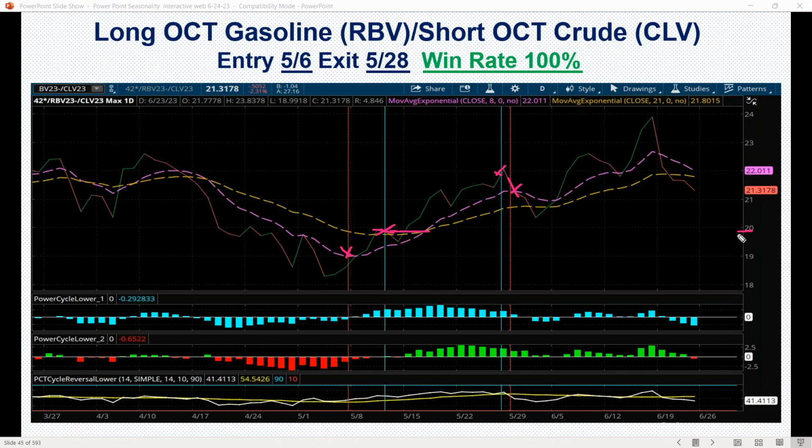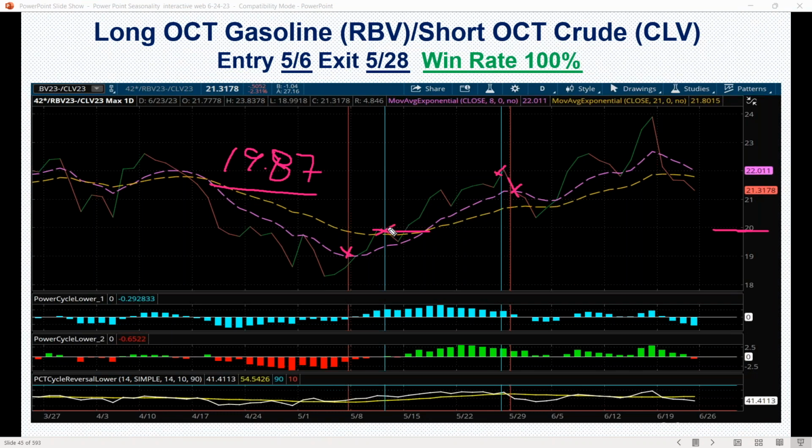We would have bought gasoline when the spread was $19.87. That's the spread between RBOB gasoline and crude oil. So RBOB gasoline would be trading at $19.87 above one contract of crude oil. Okay, so that's the spread.